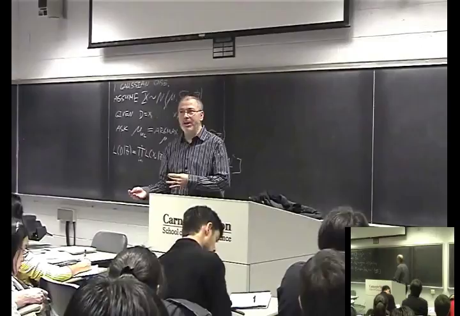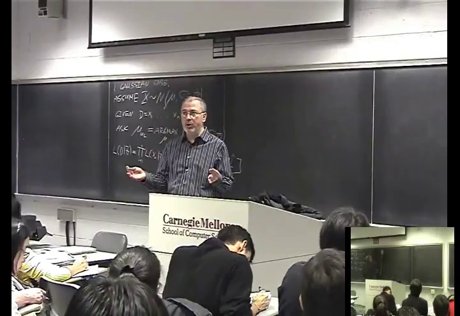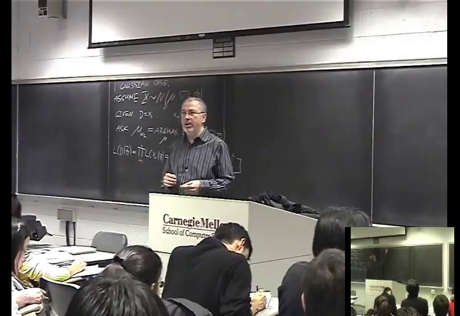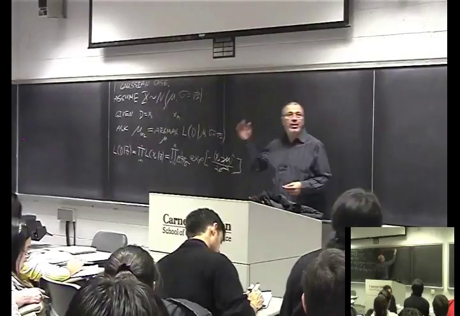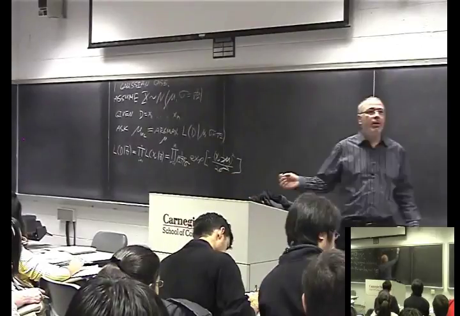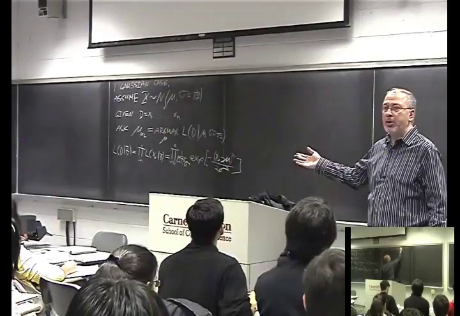So taking the log of this, we have log likelihood of data given the parameters, and this comes to a sum of the log of the individual likelihood of the individual xi's given the parameters.